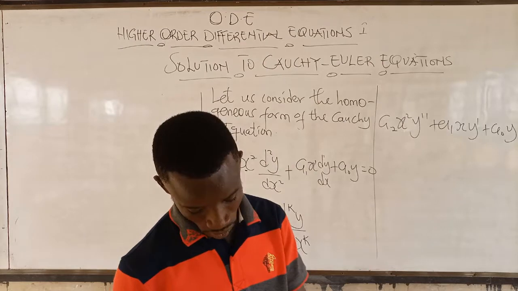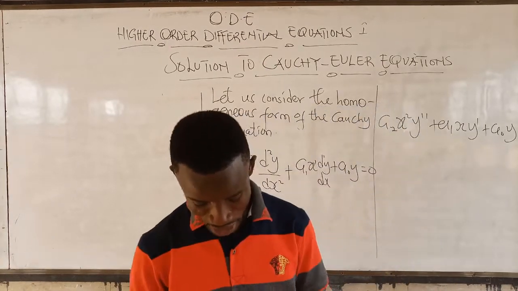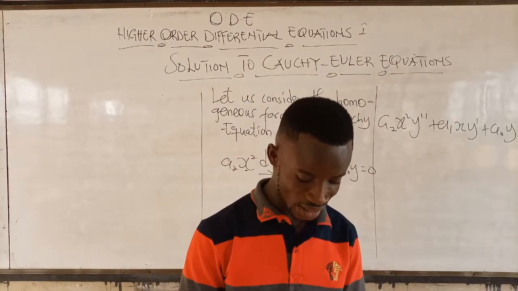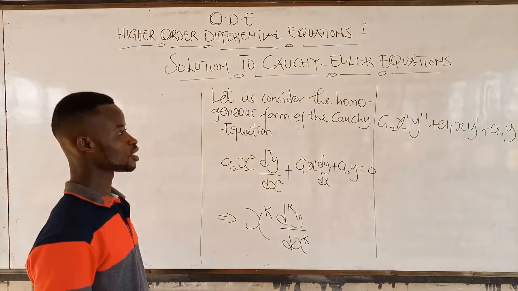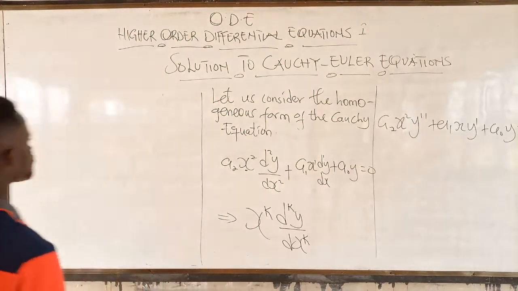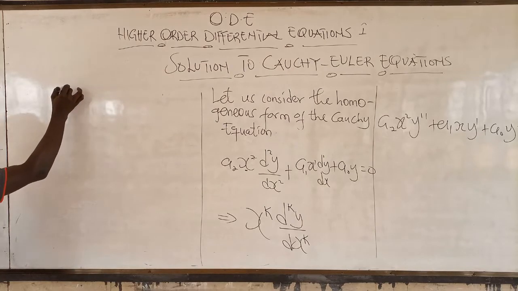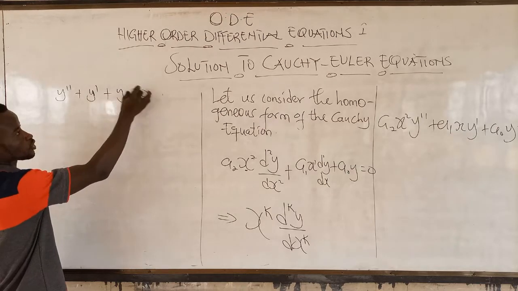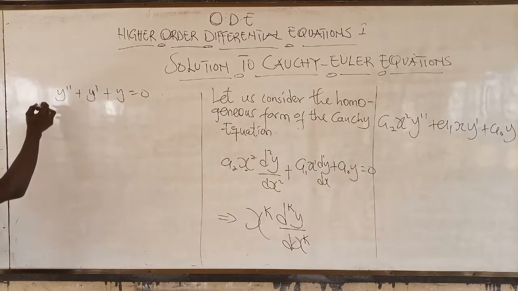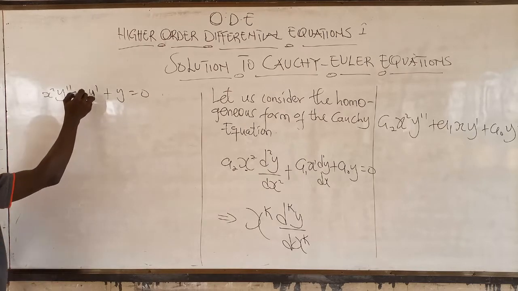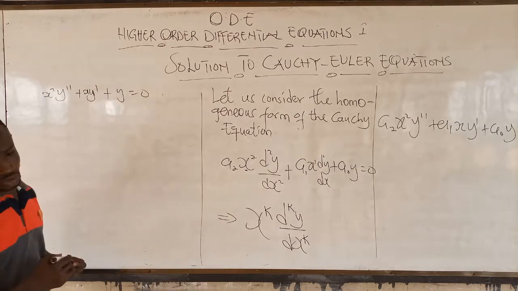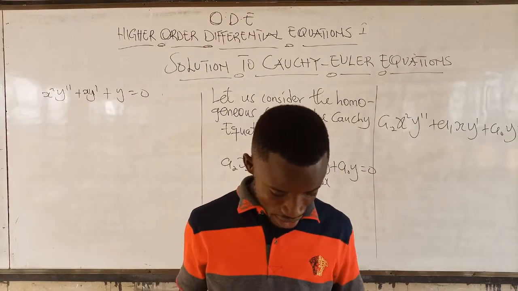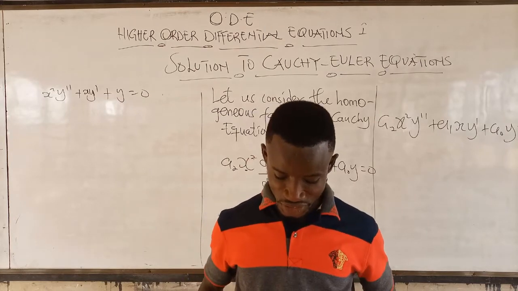Let me go straight to the point and show you how to write the characteristic equation. Focus here. For instance, if we have y double prime plus y prime plus y equal to 0, to write the Cauchy-Euler equation, I write the x squared, then the x here.